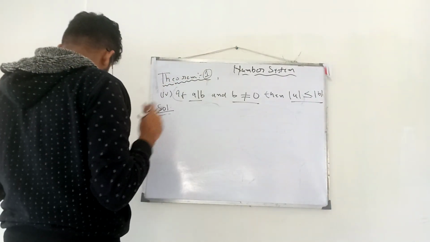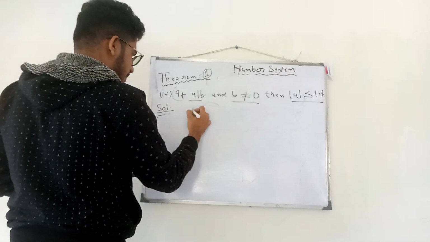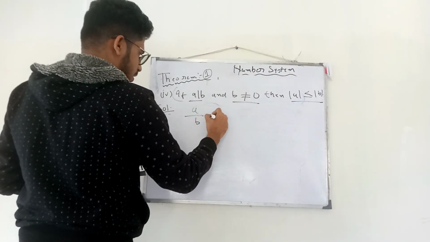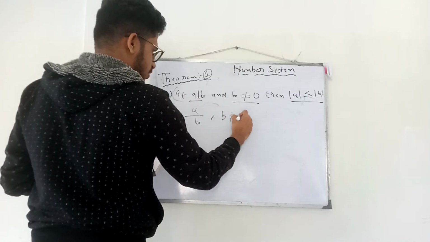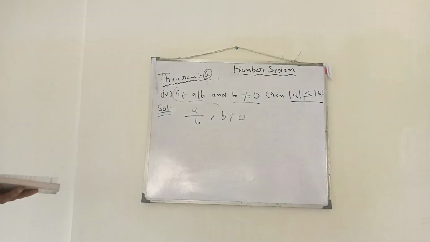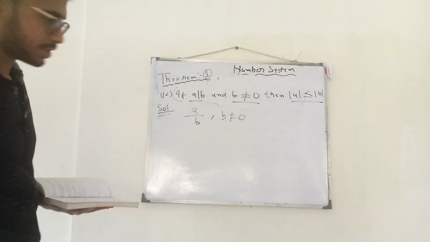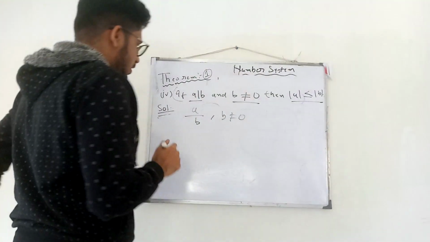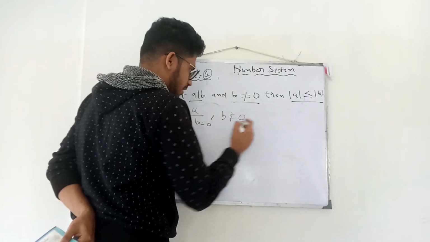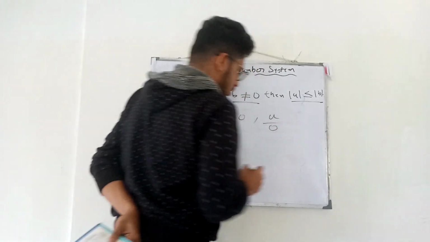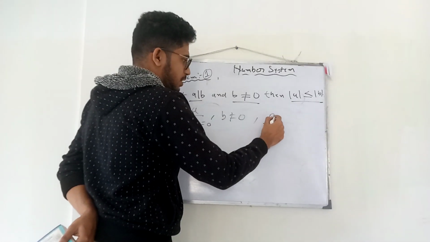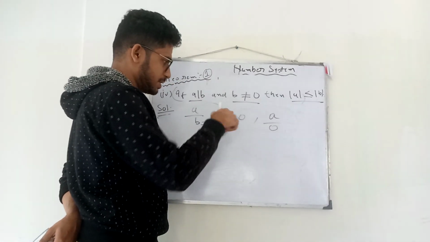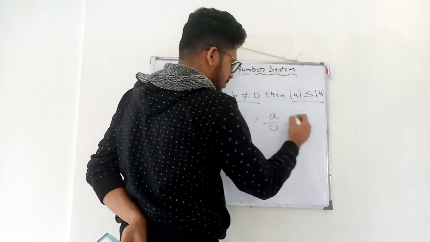Here they showed that A divides B, B not equal to 0. That means it is not infinity. If B is 0, suppose they told that B is equal to 0, that means A by 0. Ramanujan told us that if A by 0, then A will become infinity.